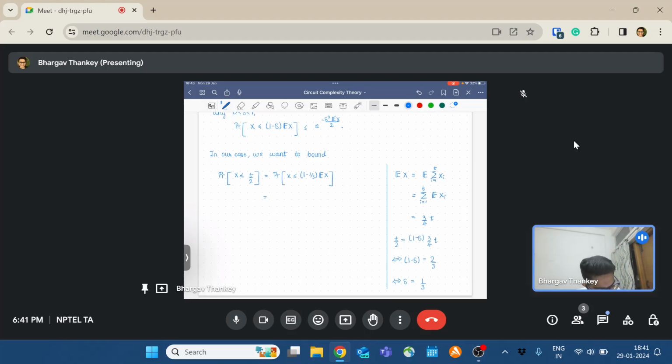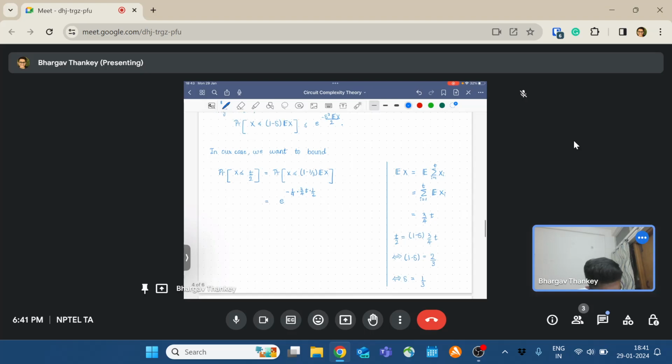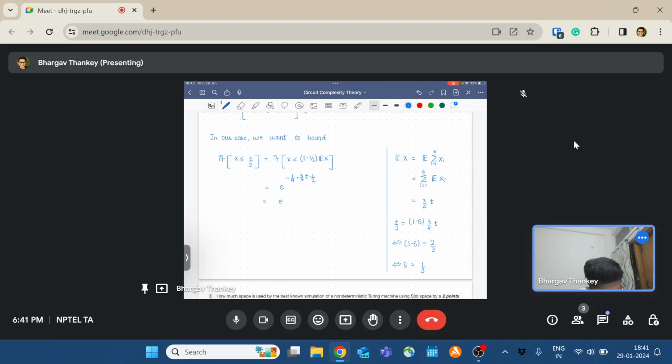So now I can just apply the bound, right? It's e to the minus delta squared, which is 1 over 9, times the expected value of x, which is 3 over 4 times t, times 1 over 2, which is e to the minus k times t. k is some constant, right?